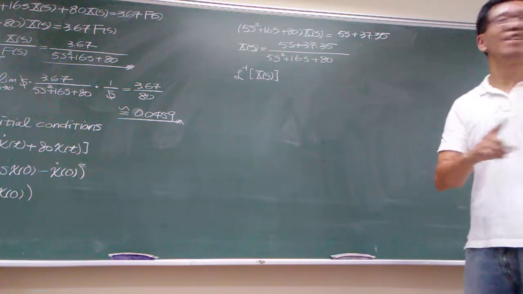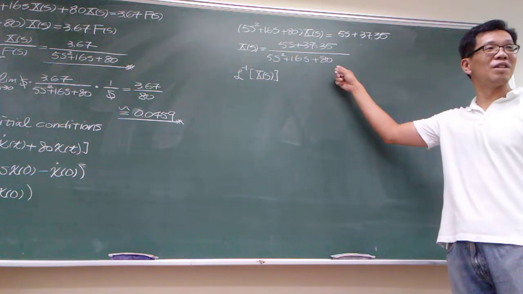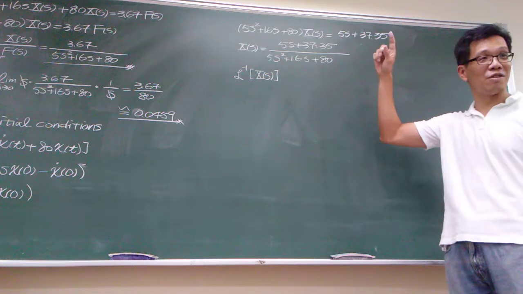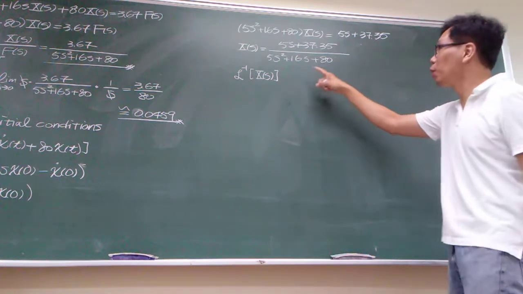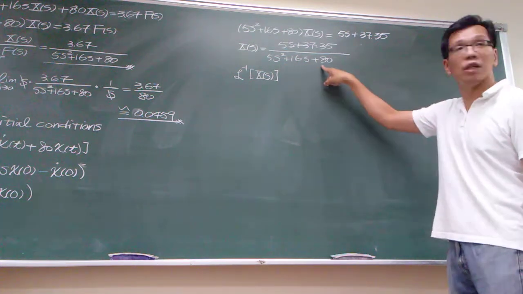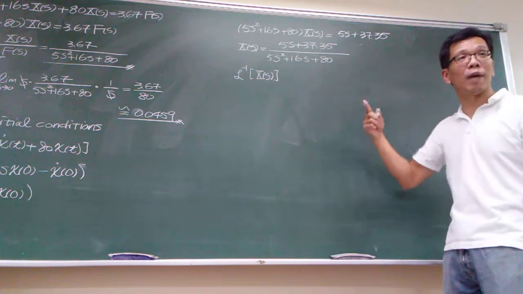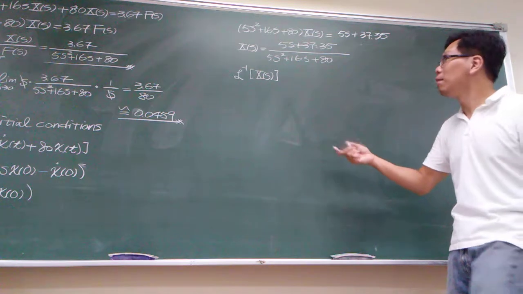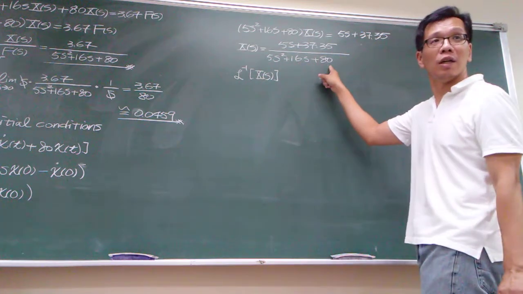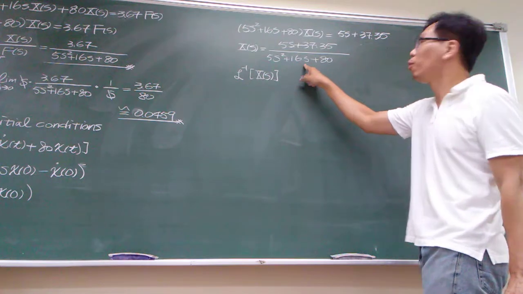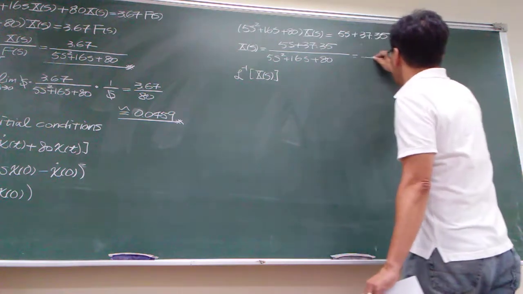However, this is a second order system. Sometimes it can be a little bit tedious for us to find out all the coefficients. So instead of doing that, we would like to have this part over here to be s squared plus omega squared, which will make everything easier for us. But since we have something over here, we do have an s term over here. So what we're going to do is to make it like this.